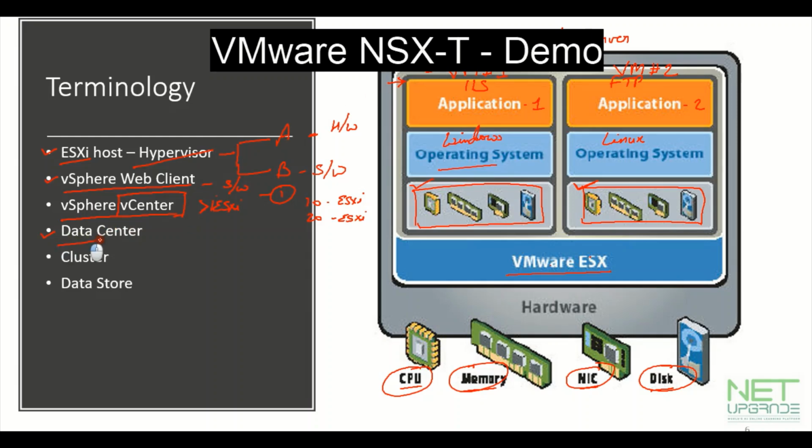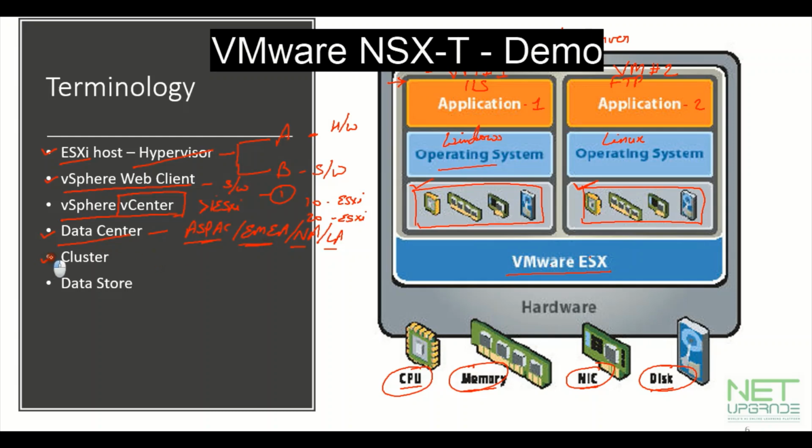This is called data center. It's a logical name, for example, ASPAC DC, EMEA DC, North America region, or Latin America. If we have data centers in these regions, then we can divide all VMware data center names according to their specific regions.